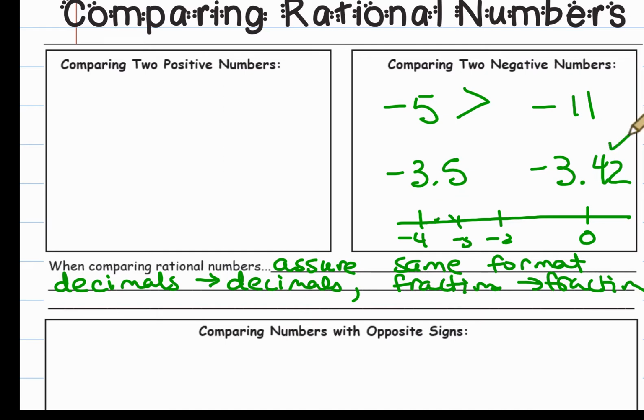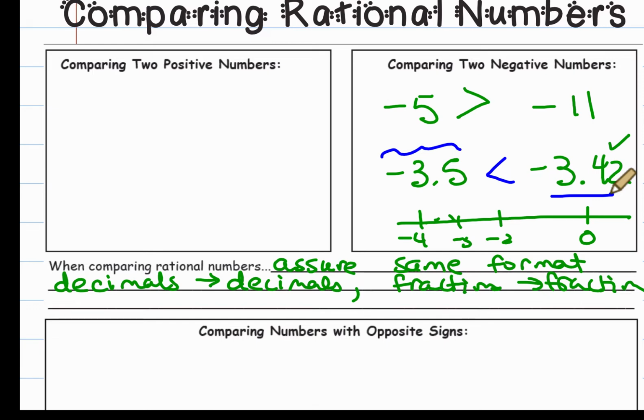Therefore, negative 3 and 42/100 is my greater value. So I would use a symbol that says negative 3 and 5/10 is less than negative 3 and 42/100. When we think about it, negative 3 and 5/10 has a greater magnitude, or size of negativity. So when we're comparing negative numbers, the one with the greater absolute value is always going to be smaller.